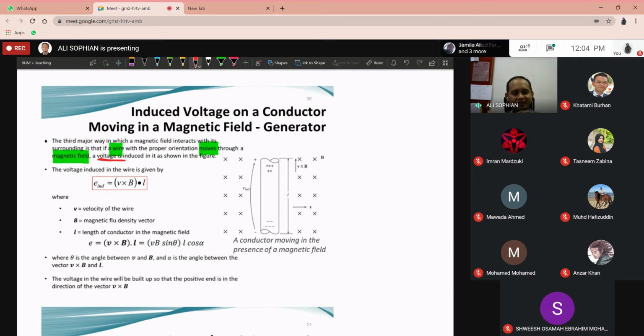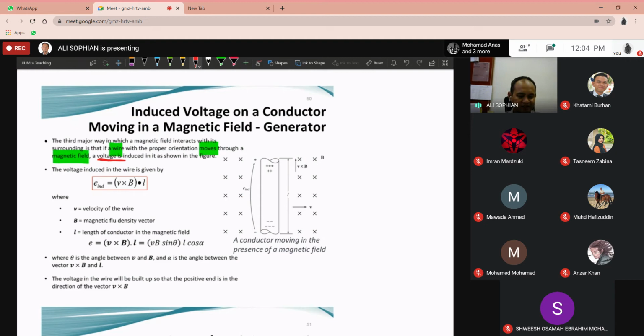For example, with a wind turbine, there has to be wind flowing, which causes the blades to turn, and inside the turbine the rotor will be moving. If there's no wind, the blades are stationary, so the rotor will be stationary as well, and there's no voltage output that you can get.